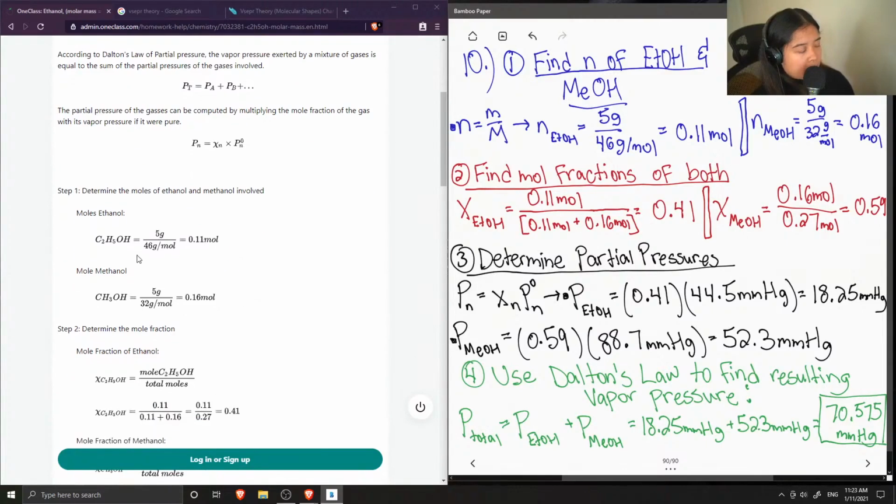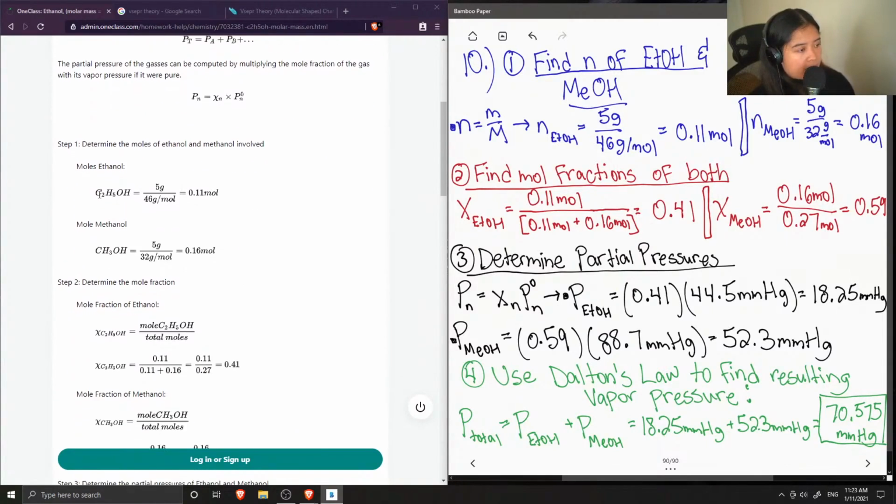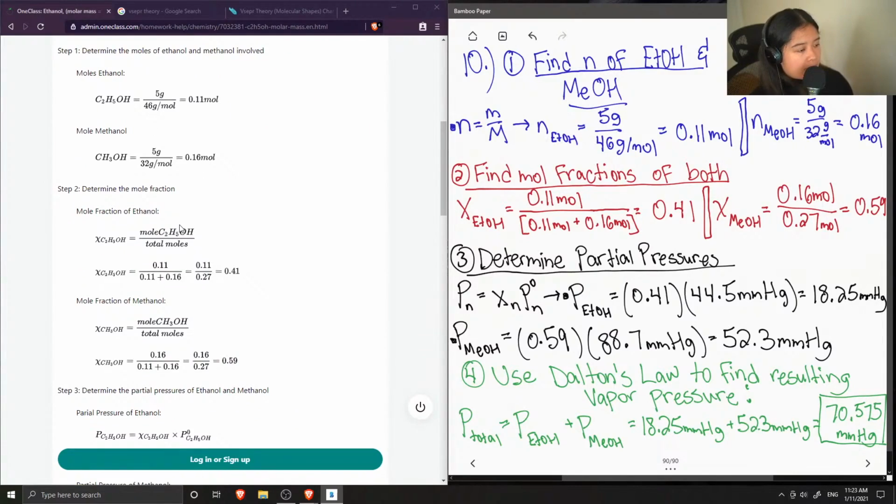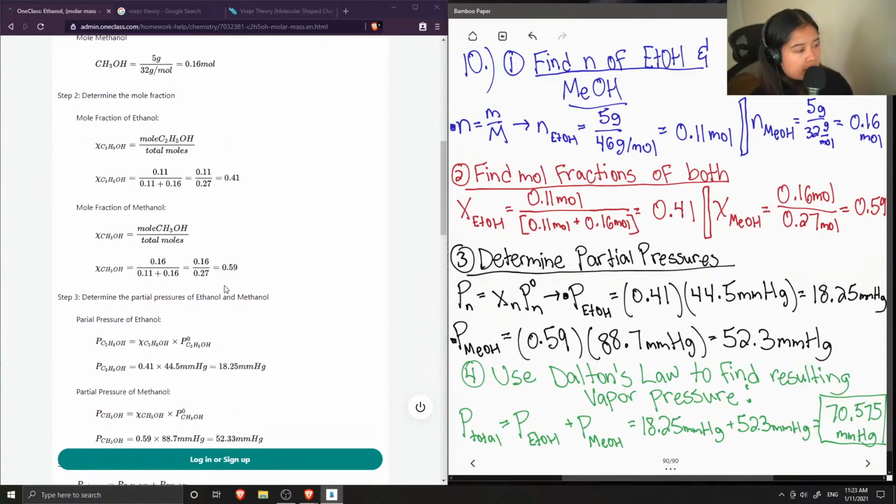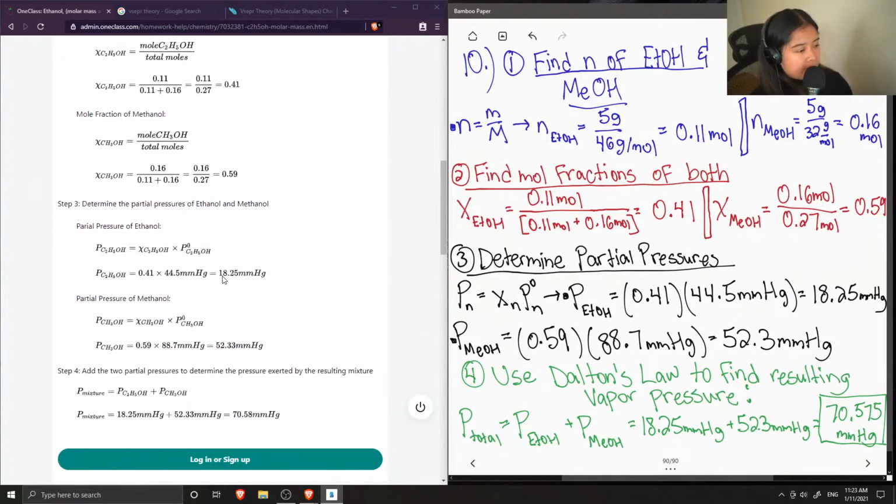Step 1 is to determine the moles of ethanol and methanol. So they got 0.11 and 0.16. Step 2, determine the mole fraction. So 0.41 and 0.59. Step 3 is to determine the partial pressures of ethanol and methanol.